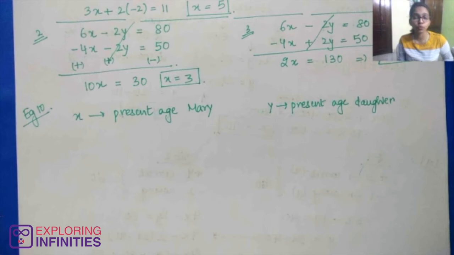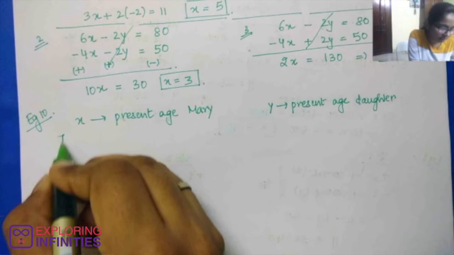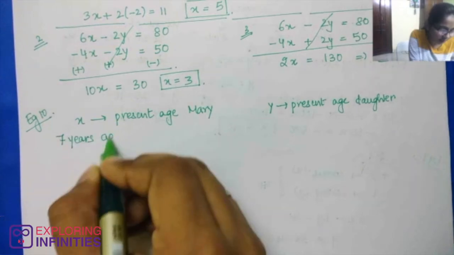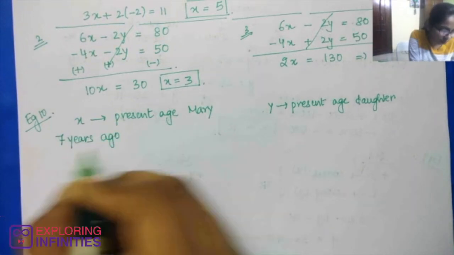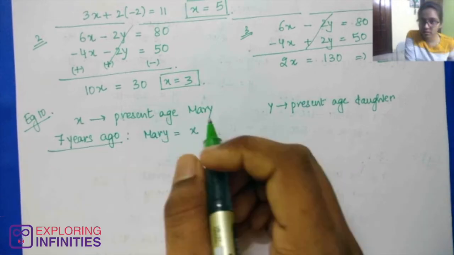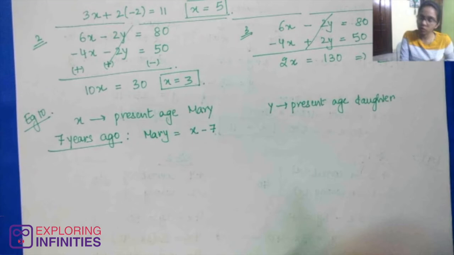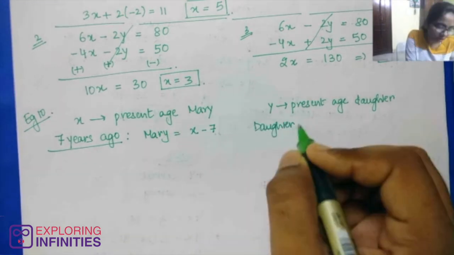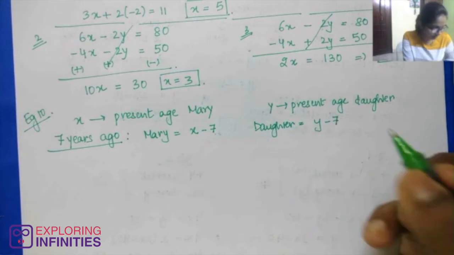As soon as I say 7 years ago, you say 30 minus 7. Similarly, in this case, you start writing one by one, 7 years ago. What will be Mary's age? It will be x, because that's the present age, minus 7. Similarly, her daughter's will be y minus 7.